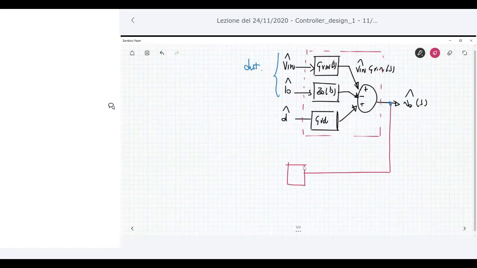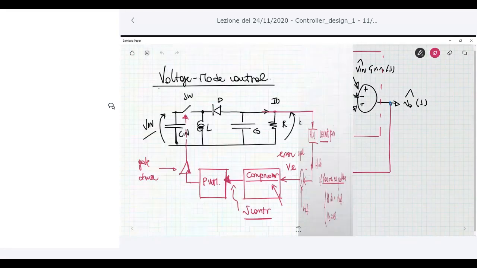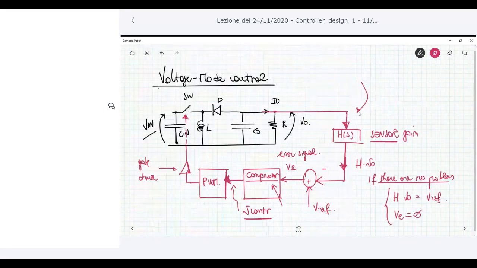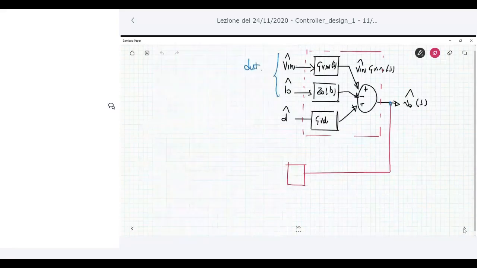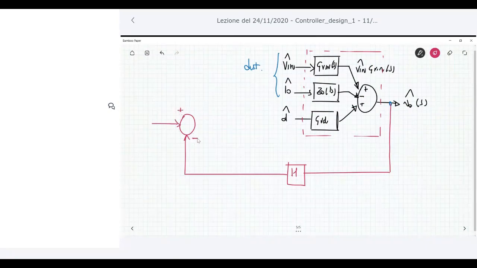So now I superimpose on this representation what I described here for the control side. So H(s), then you have the comparison, which is plus and minus, and this is V reference. This is the error signal, VE.